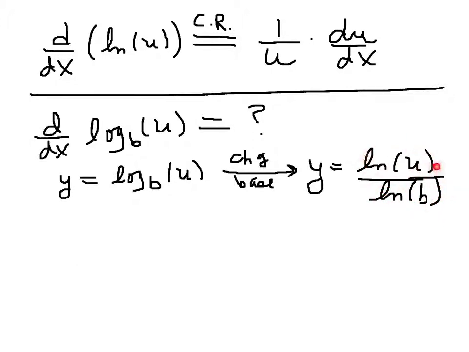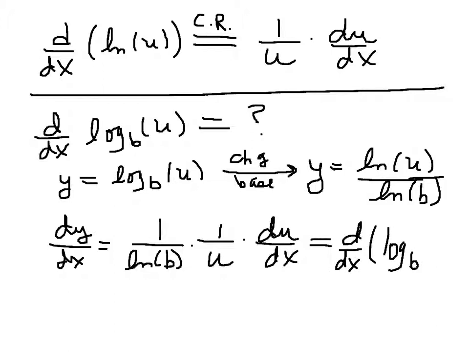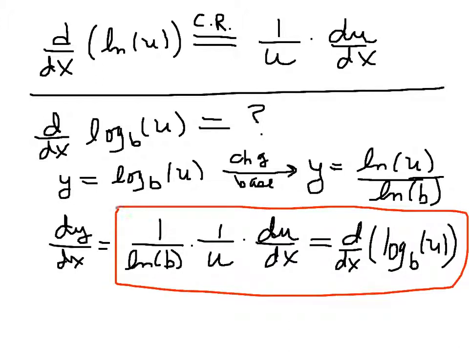We already know how to take the derivative of ln of u, and so therefore what we have is dy dx, let's just bring that constant out, times the derivative of ln of u, which is 1 over u, times du dx. And so this is the derivative with respect to x of log base b of u. And that's the big result that tells us how to take the derivative of any logarithmic function.